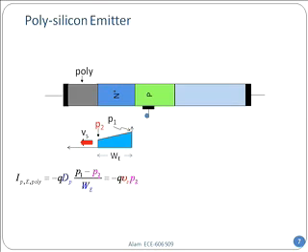What is that? P1 minus P2 divided by WE, that is dP/dx, right? Do you remember minus Q D dP/dx? So P1 minus P2 divided by W, that's my current.